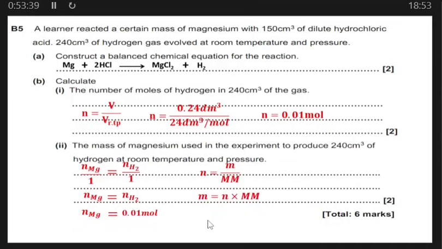Then we'll substitute number of moles, it will be this molar mass for magnesium, which is 24 when you check on the periodic table. So mass is equal to number of moles 0.01 times molar mass 24. When we multiply the 2, we'll get mass is equal to 0.24 grams, which is the mass of magnesium used in the experiment to produce this.